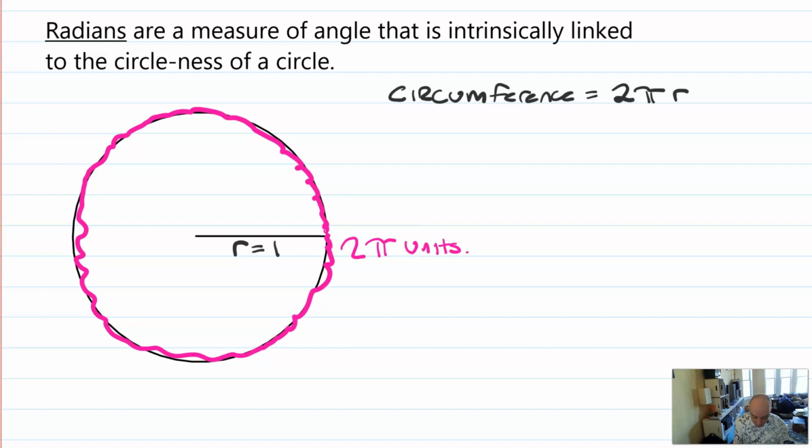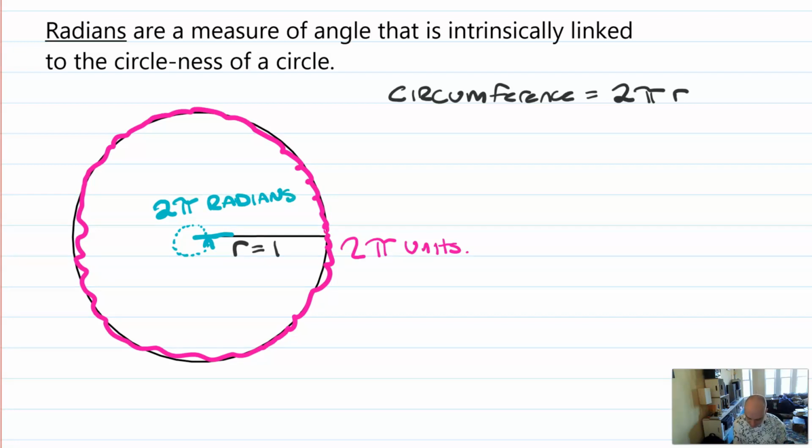Well, we're also going to define a radian angle as the central angle that matches with this entire arc. So for a circle of radius 1 and an arc of the full circumference, which is 2 pi units, we're going to say that that is the angle measure equivalent of 2 pi radians.